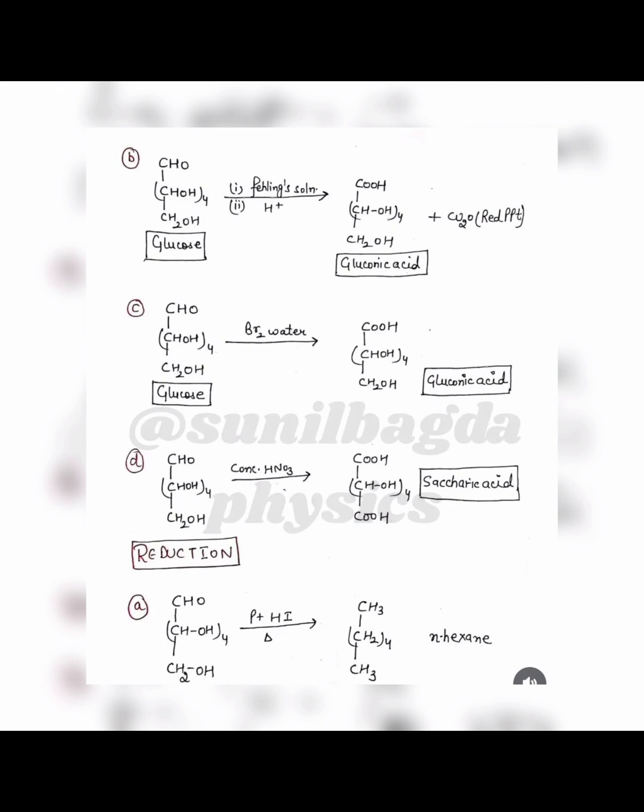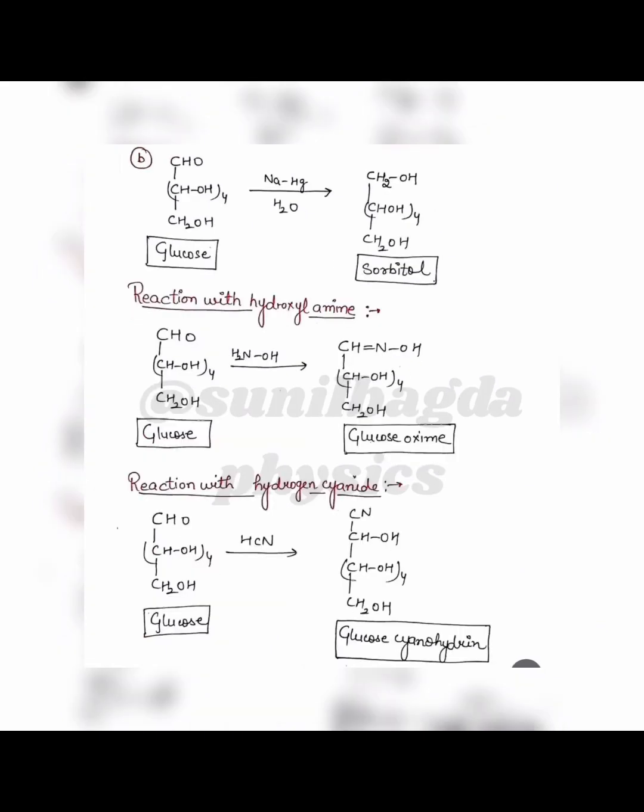When glucose undergoes reduction in the presence of red phosphorus and hydrogen iodide or any hydrogen halide, it gives n-hexane as a major product, which confirms the presence of 6 carbon atoms in the structure of glucose. When glucose undergoes reduction with sodium amalgam in aqueous condition, it gives sorbitol as a major product. So these are the two reactions which give evidence for the reduction of glucose.